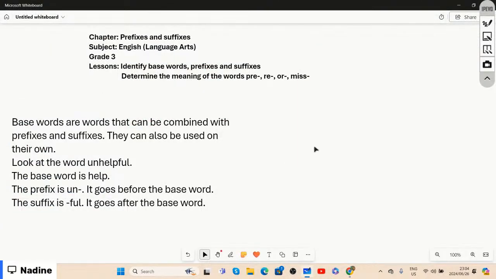So our chapter is prefixes and suffixes. Our subject is English Language Arts, grade 3.